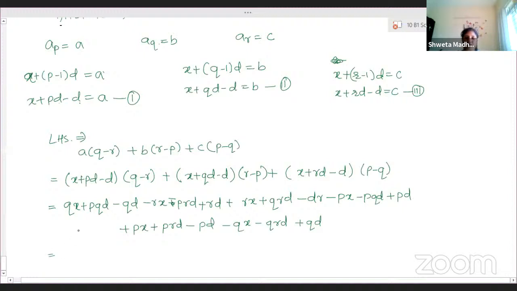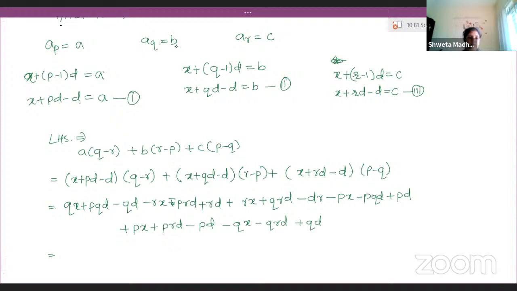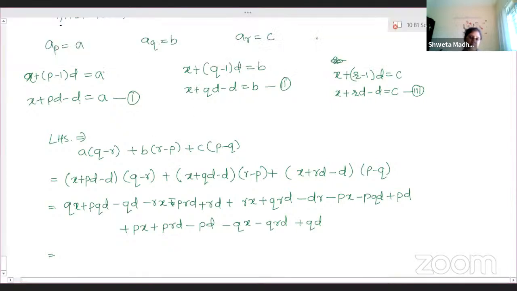Now try to simplify. Plus QX and minus QX cancel. Plus PQD minus PQD cancel. Minus QD plus QD cancel.